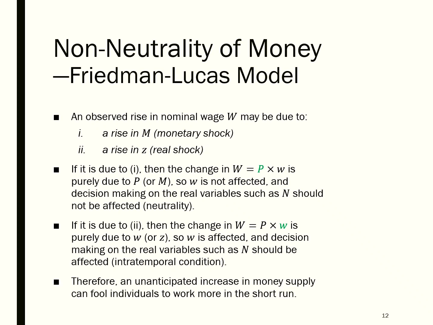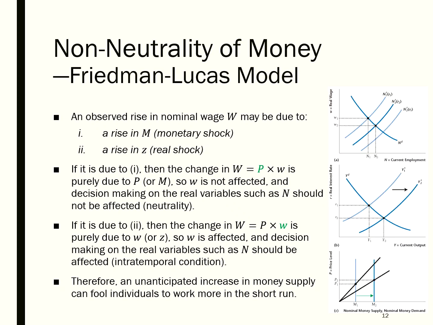Therefore, an unanticipated increase in money supply can actually fool individuals to work more in the short run, because the individuals cannot distinguish between these two cases. They have to make a guess which one is which. And on average, some people will think the first case is the case, and some other people will think the second case is the case, and this mix-up will have a real effect on the whole economy.